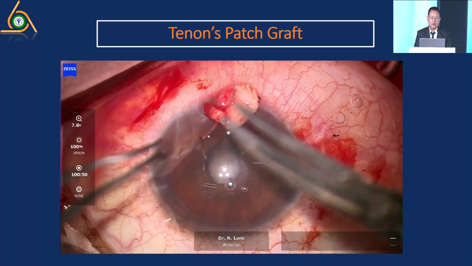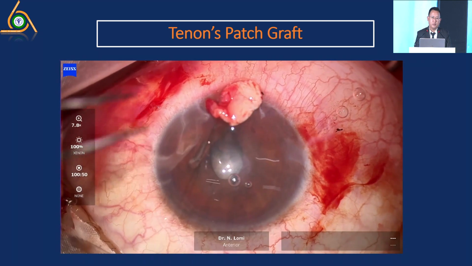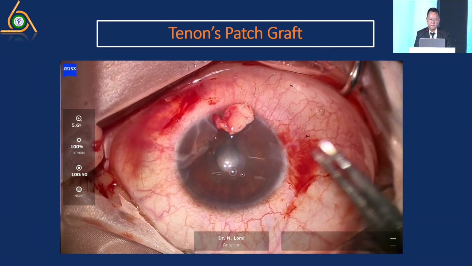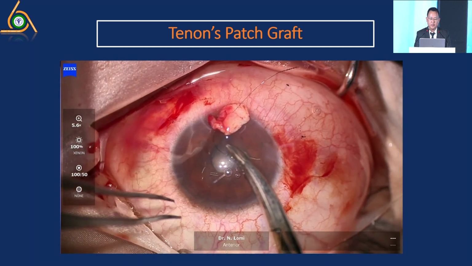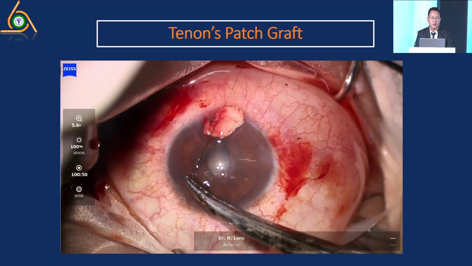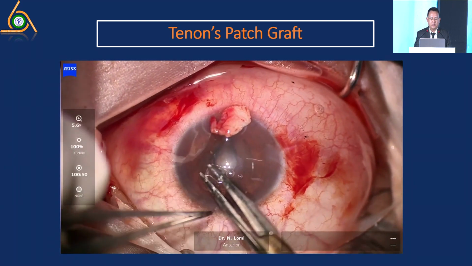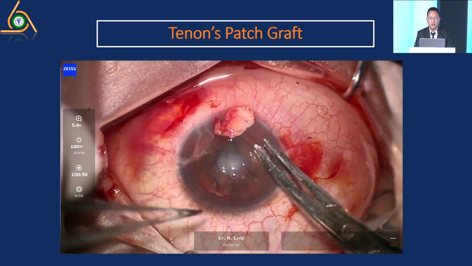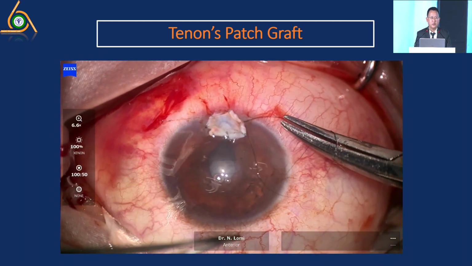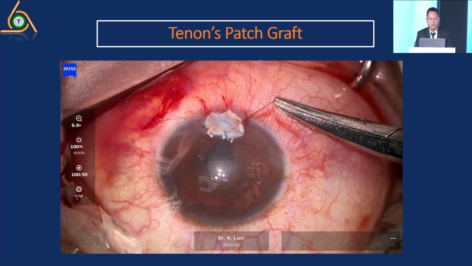And then here I used a 10-0 monofilament nylon suture. You can use around 4 or 8 according to the size of the perforation. Some people use glue, fibrin glue along with it, or you can use cyanoacrylate glue.